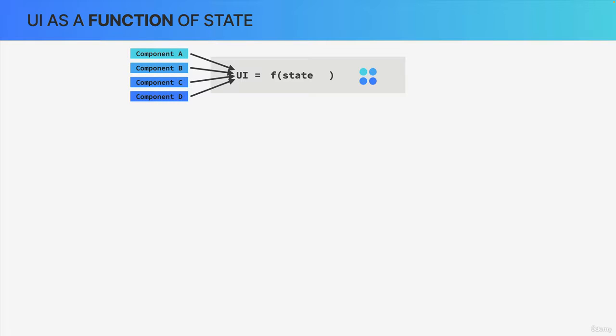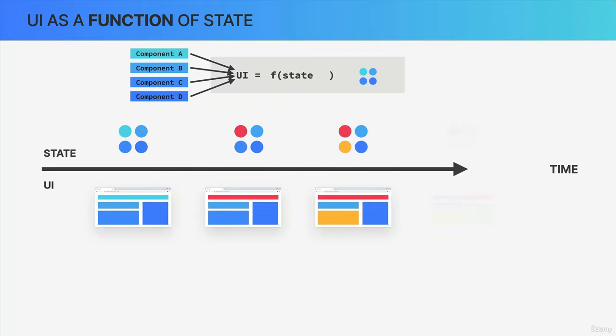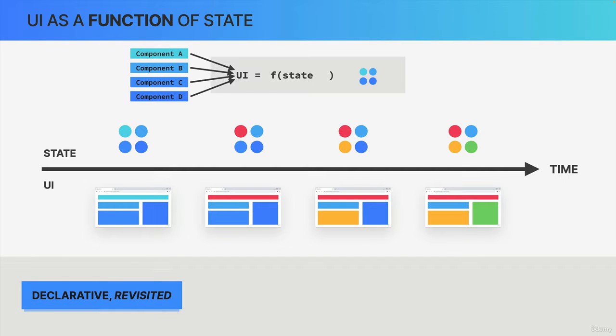And taking this idea even one step further, a React application is fundamentally all about changing state over time, and of course also correctly displaying that state at all times. And this is really what the declarative approach to building user interfaces is all about.